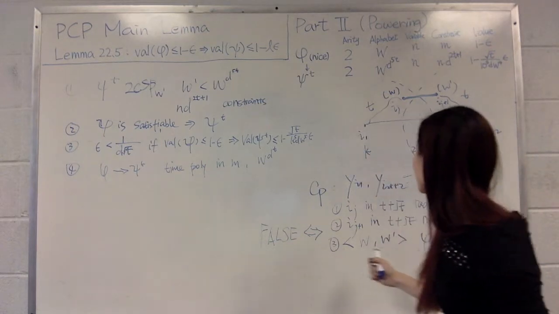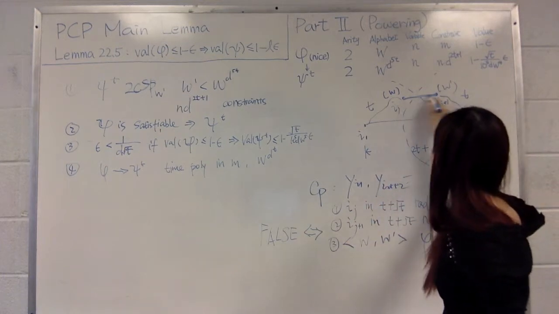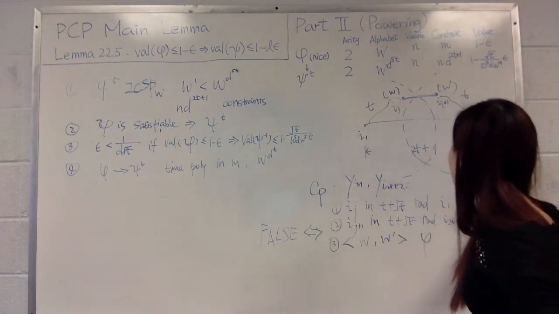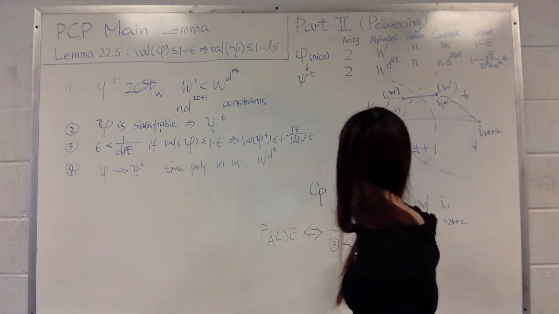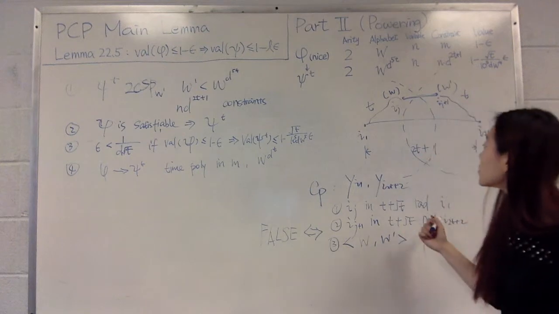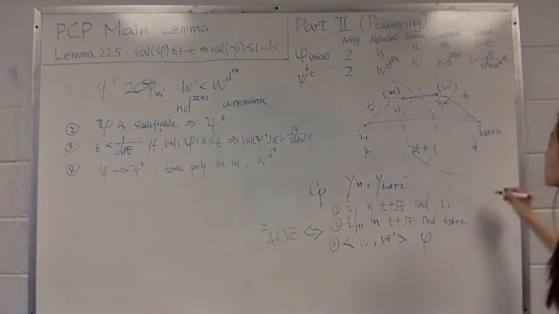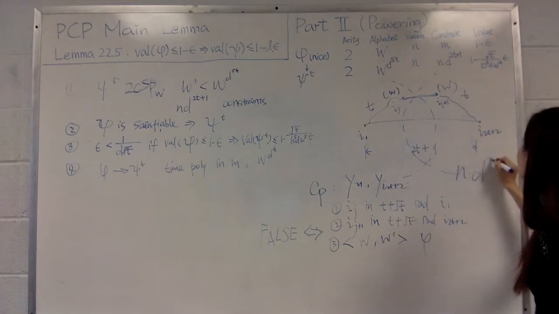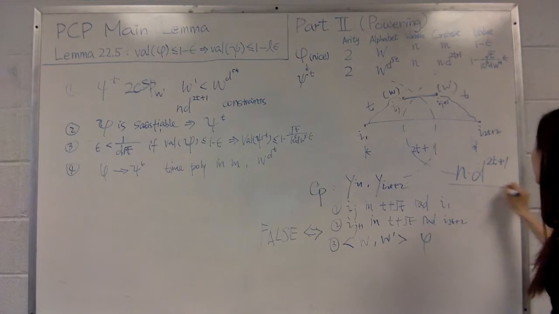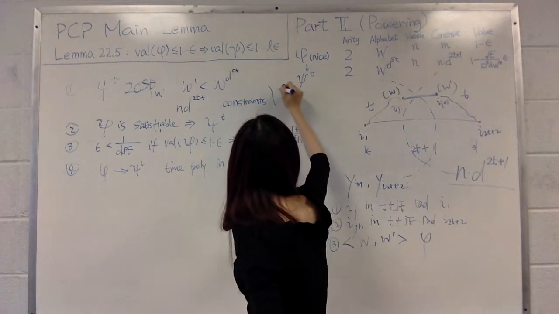So basically the constraint means that if there is any violation in these 2t plus 1 steps, then we call it a violation of the constraint. Since our graph is regular, we would have n times d to the 2t plus 1 constraints, which satisfies the first property.